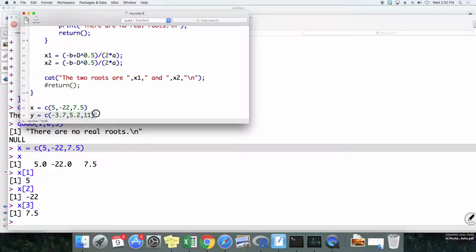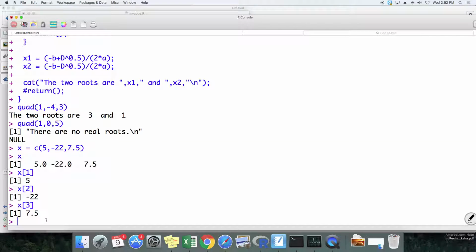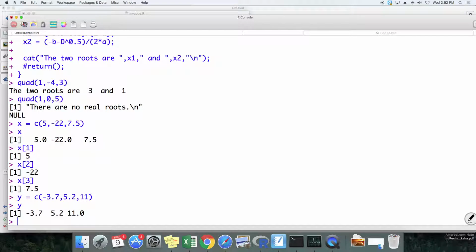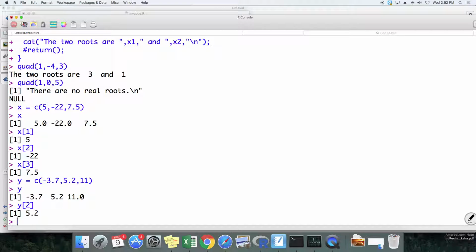So let me put this in the console. And what's y? That's it. What's the second element of y? y third bracket 2. It's 5.2, as we expect.